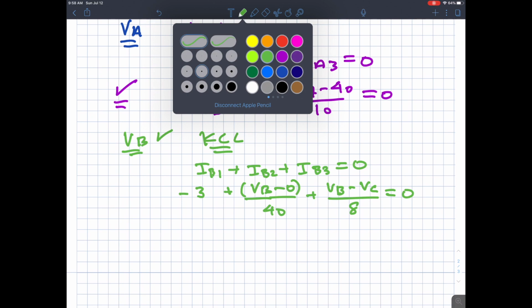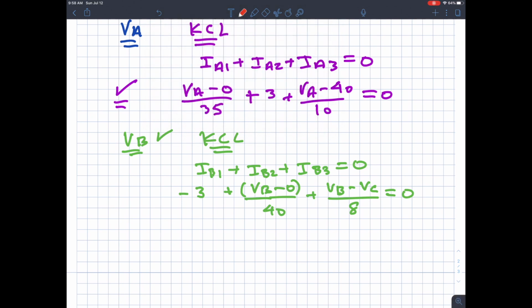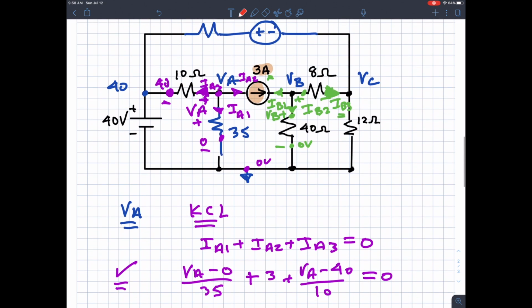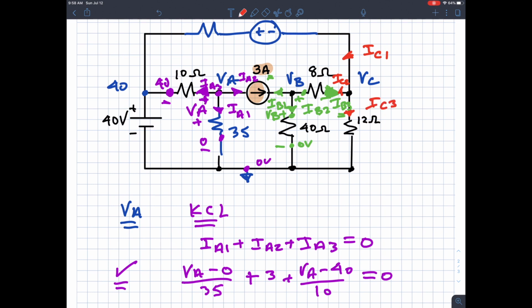All right, and finally we can move to yet a different color. I'll do this one in red. All right, so we can look at VC. To get VC, I have this current, IC1, this current moving the other way, IC2, moving out of the node, IC3.